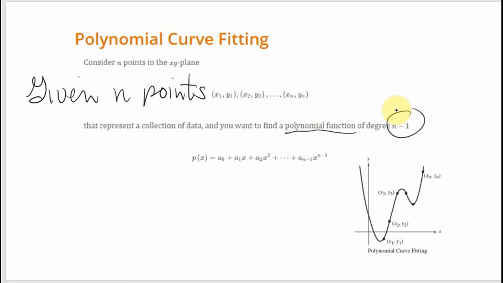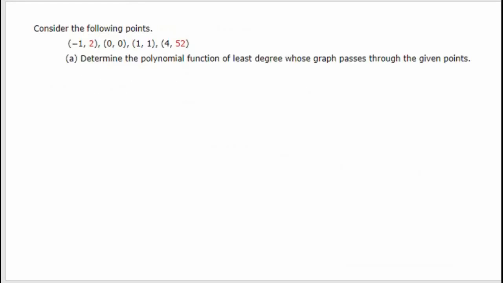From there, we should be able to write the polynomial after we've solved the system. The polynomial form that we're going to use is based on this formula here. Let's look at a problem.